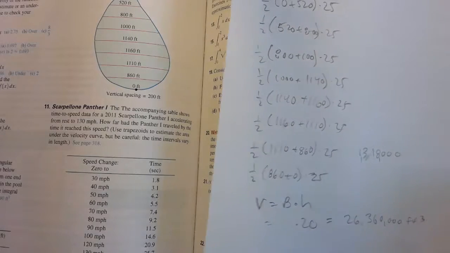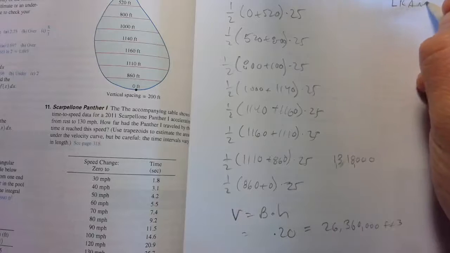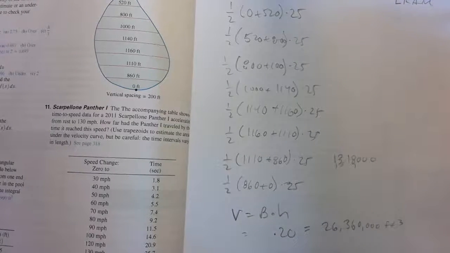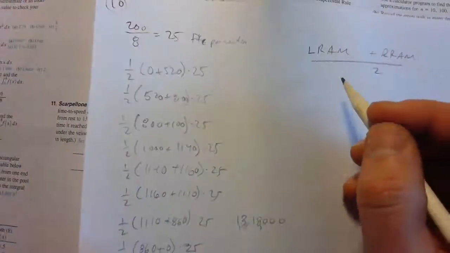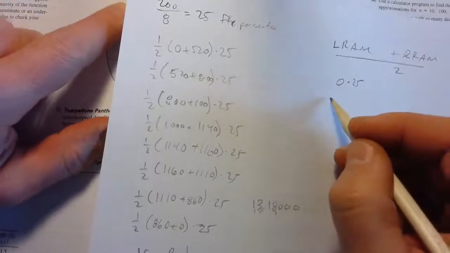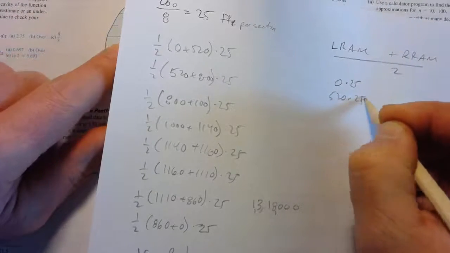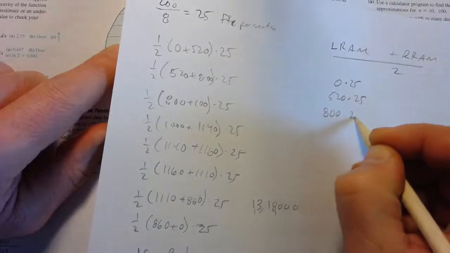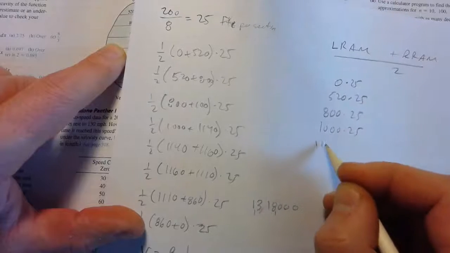So that's A. The other way is to do LRAM plus RRAM and divide by 2. LRAM would have been 0 times 25, and then 520 times 25, then 800 times 25, then 1,000 times 25.